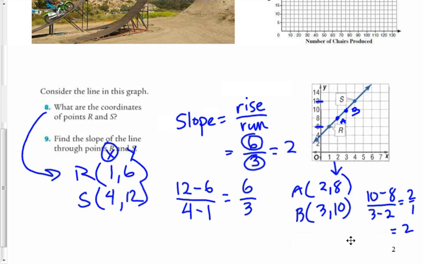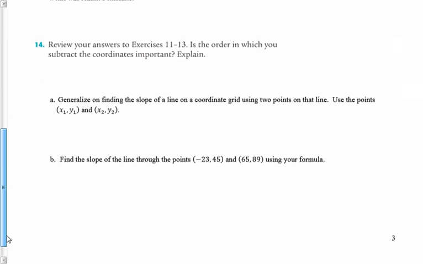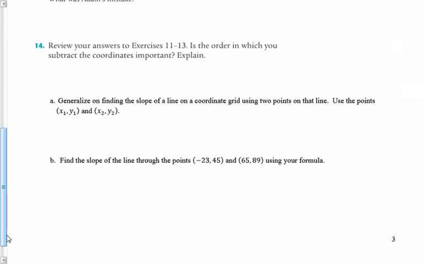All right, let's summarize what we've learned about finding slope on the next page, page 3. Down at the bottom of here, it says generalize on finding the slope of the line on a coordinate grid using 2 points for that line. Use the points x sub 1, y sub 1, and x sub 2, y sub 2. So you notice that to find the slope is the ratio of the rise over run.